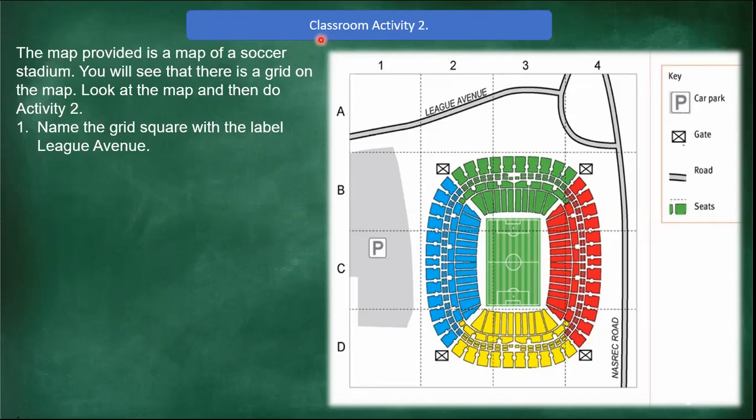What's the grid square? A2. Yes, it's A2. As you can see from my pointer, from here to this side, it is League Avenue. Thank you very much.